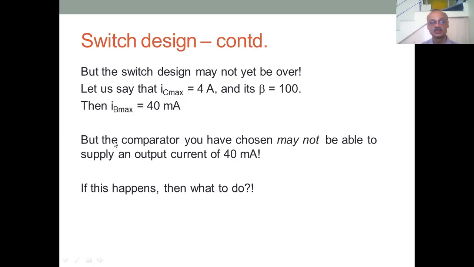So it's possible that the comparator you have chosen, which you did already in your previous assignment, may not be able to supply a current of 40 milliamperes.